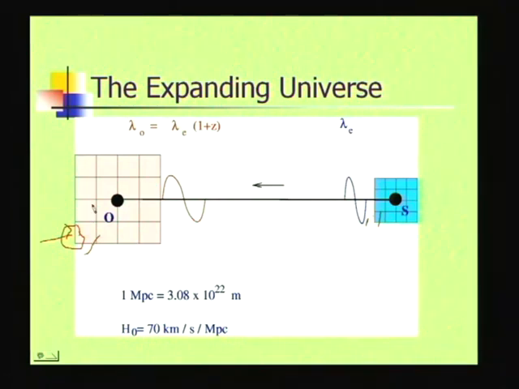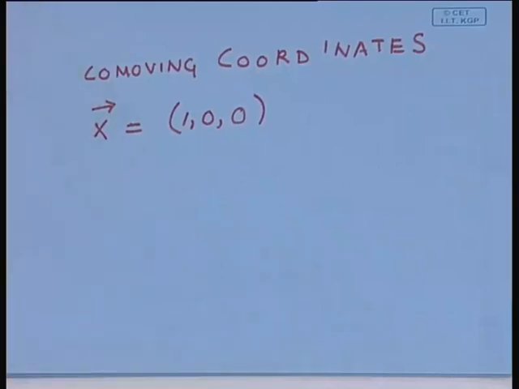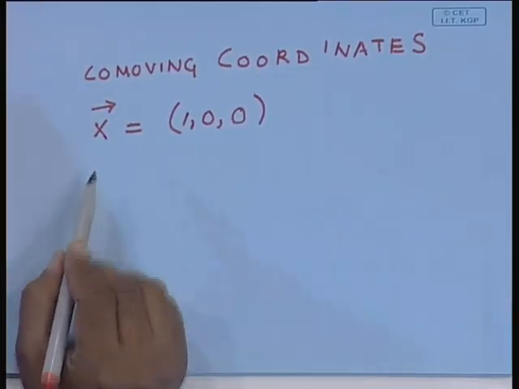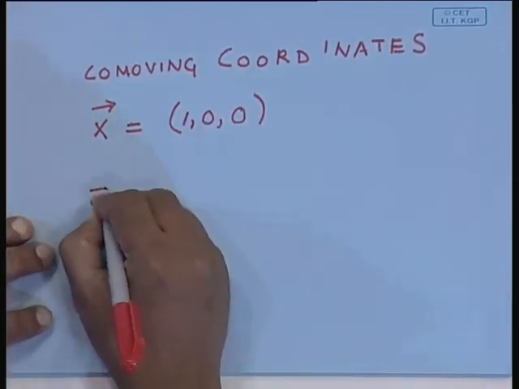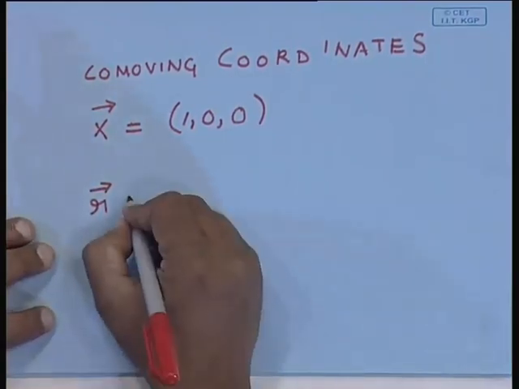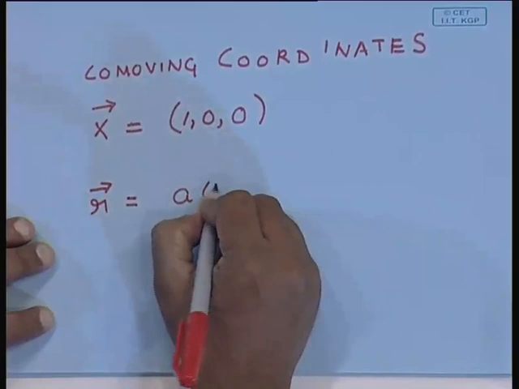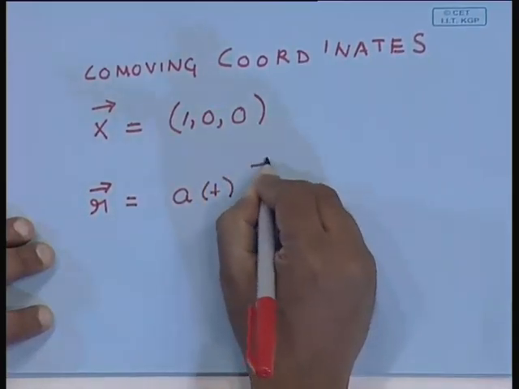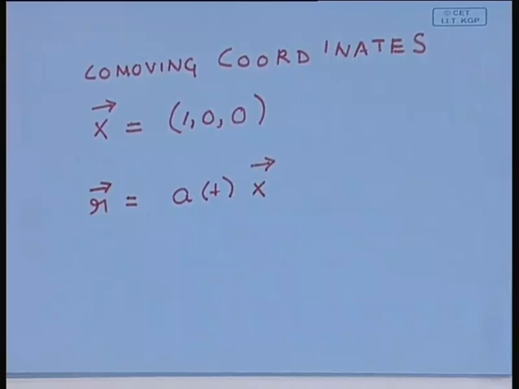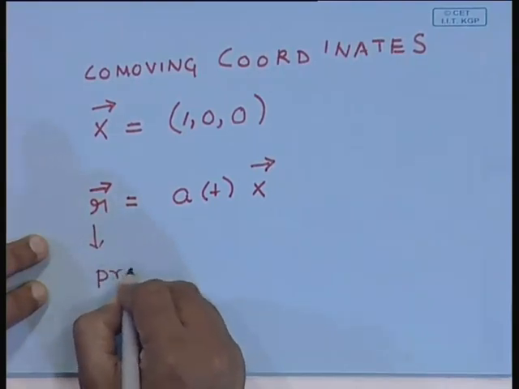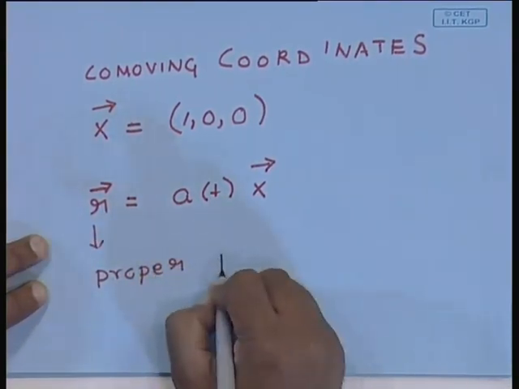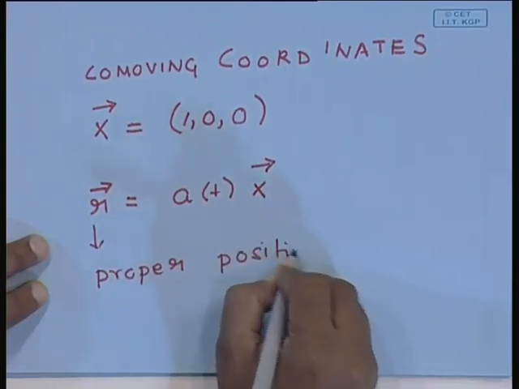So, the comoving coordinates of the galaxies remain fixed, but the physical position R is related to the comoving coordinate through a factor a(t), which changes with time. This is called the proper coordinate. X is the comoving coordinate, R is the proper distance or the proper position of the galaxy.